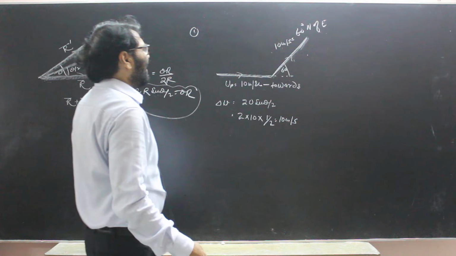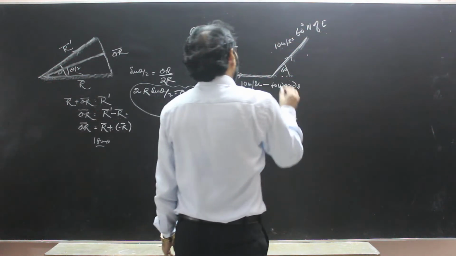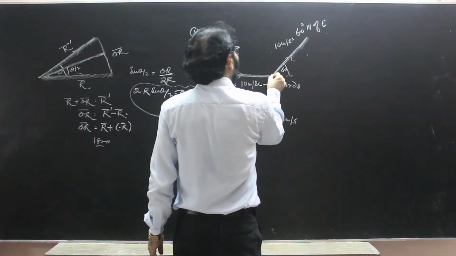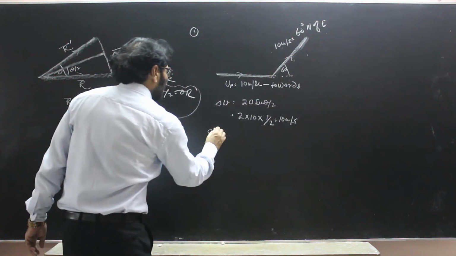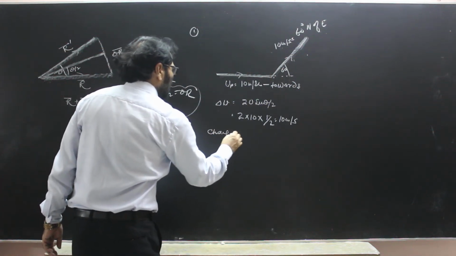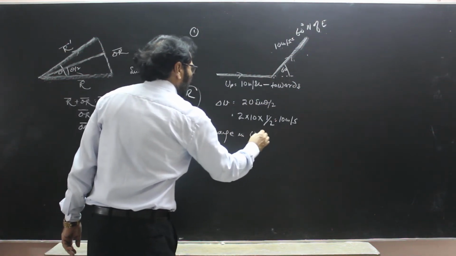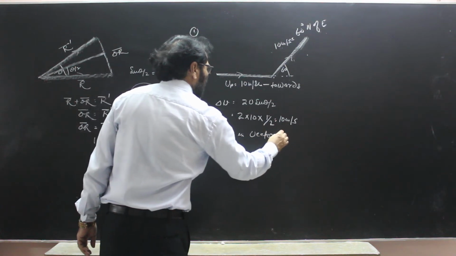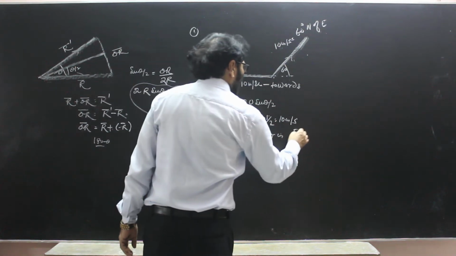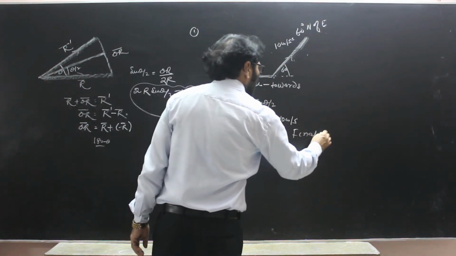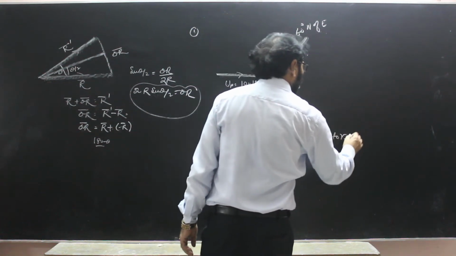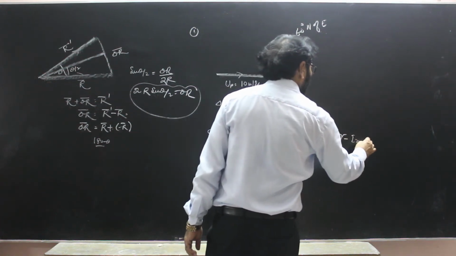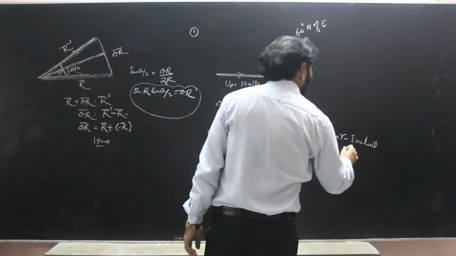लेकिन अगर हम लोग इसका डायरेक्शन भी निकालते हैं तब देखिए क्या होगा. This is the initial vector and this is the final vector. Change in vector is final vector minus initial vector.